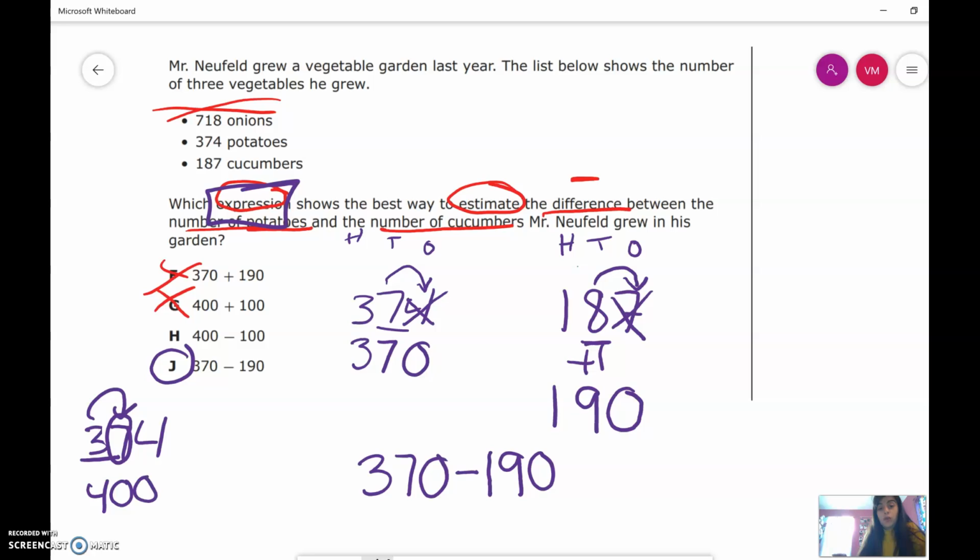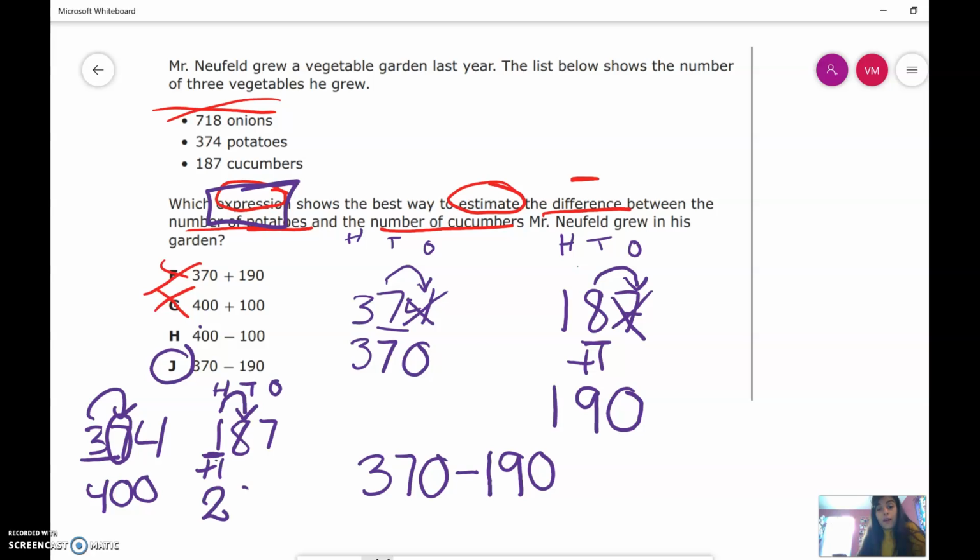So this would have been 400. 187, because I see 400 right there too, right? But then if I round to the hundreds, let me go slow. 1 hundred. Right here, underline the place value. Oh, I got 80. 80 is closer to 100, so that's why it makes sense.